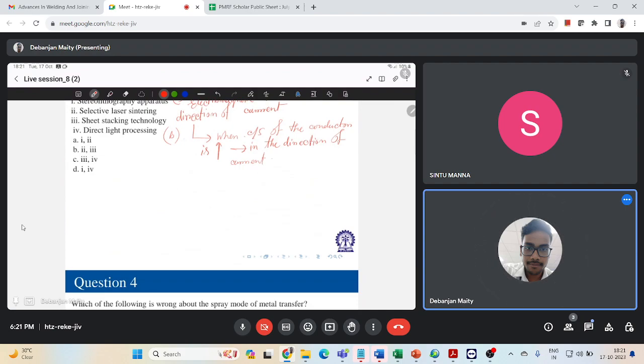Right? So, similarly, the force acts in the direction opposite to that of the current if the cross section of the conductor is reducing in the direction of the current. So, this will be vice versa. Right?